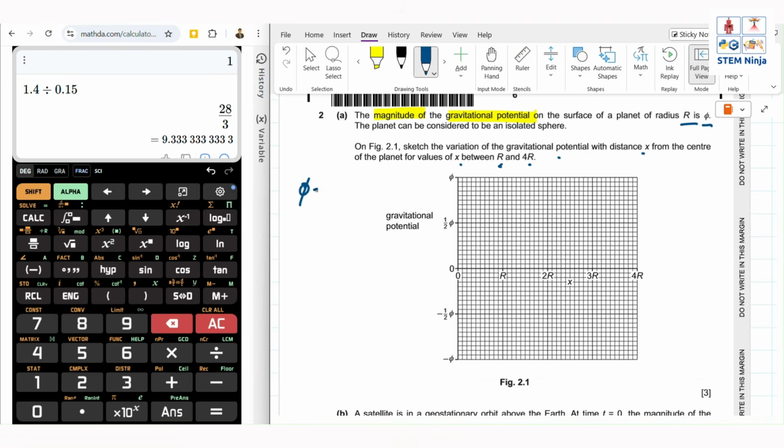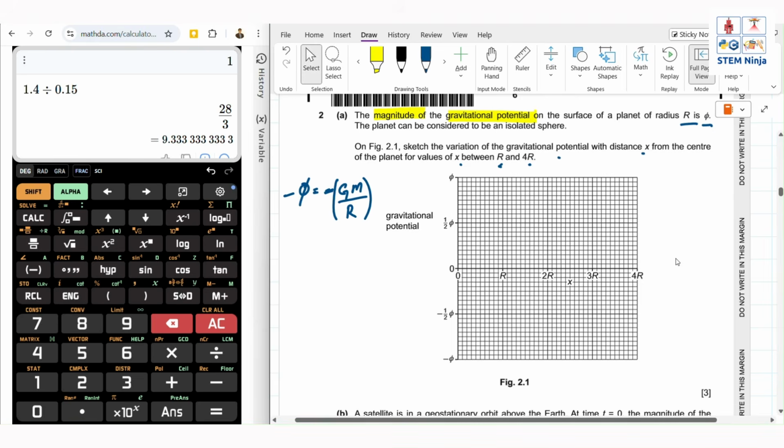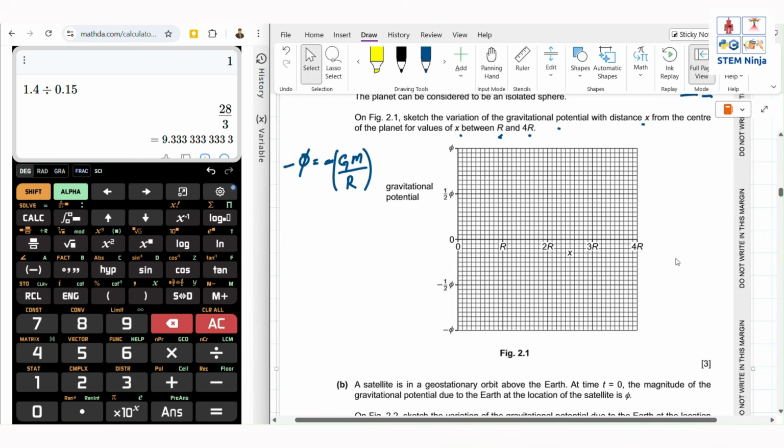So phi is equal to minus gm over r, or you can say that this is minus phi, basically, because they just said phi is the magnitude. So the phi could be the gm over r part. Now, how do we interpret the inverse relationship?